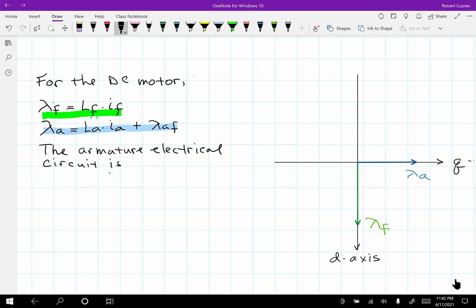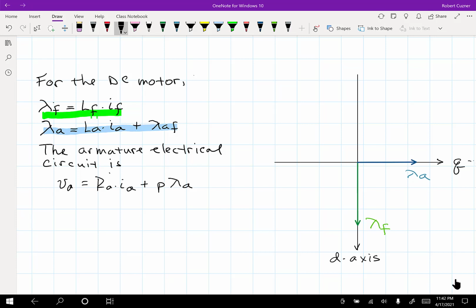Now, the armature circuit expression we know is this. The armature voltage is equal to the armature resistance times the armature current plus the derivative of the armature flux linkage.